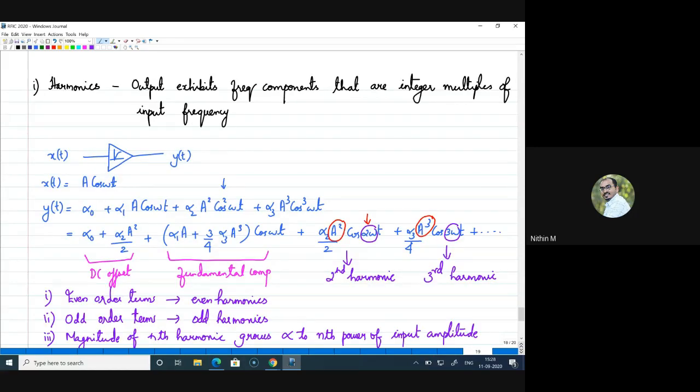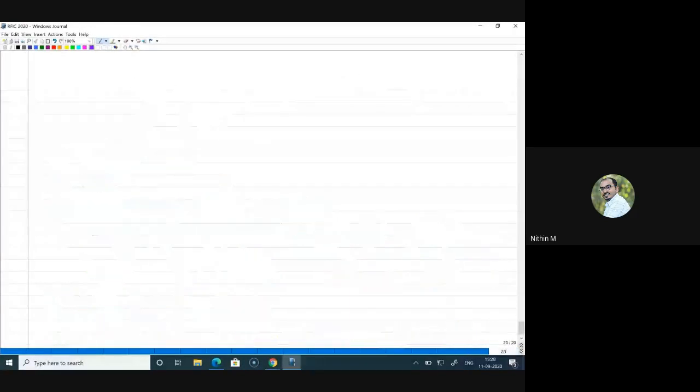Now, as I mentioned, we need to characterize this nonlinearity of harmonics, and for that we need a certain performance metric. So in order to characterize harmonics, we use a performance metric known as harmonic distortion.